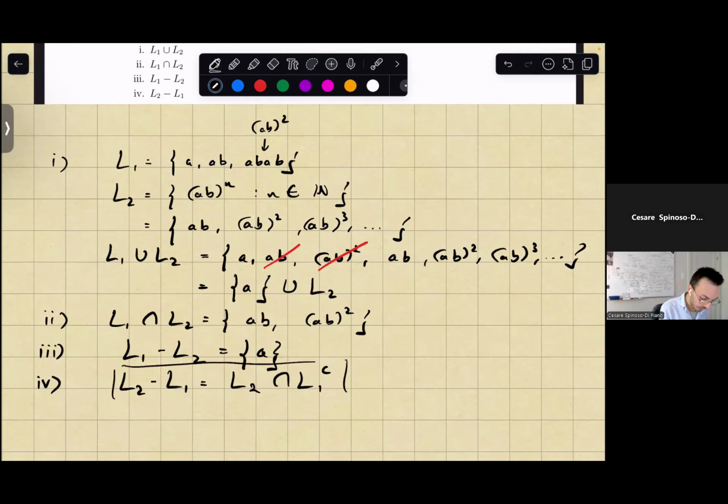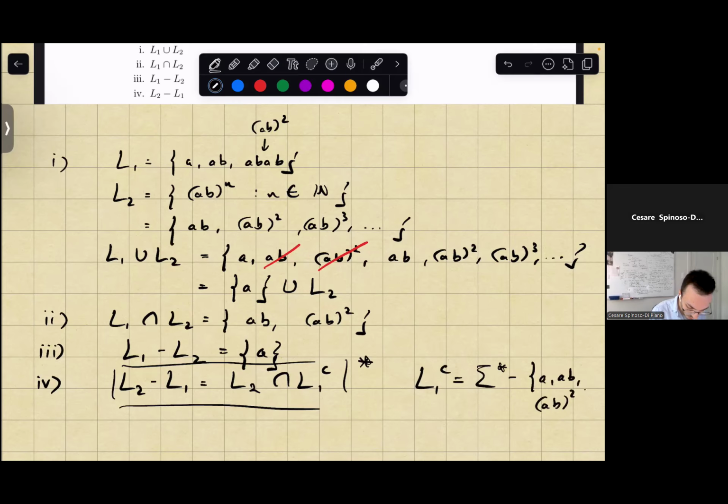So just be aware of this property. In this case, this doesn't really help me in computing L2 difference L1, because L1 complement is sigma star except for A, AB, and AB squared. So doing the intersection doesn't really help all that much, I find.